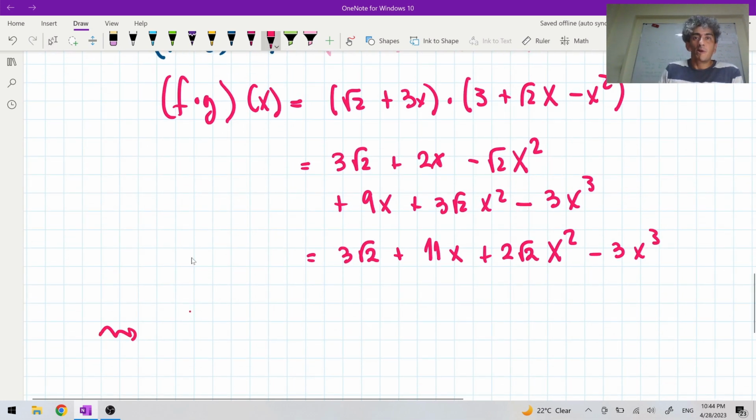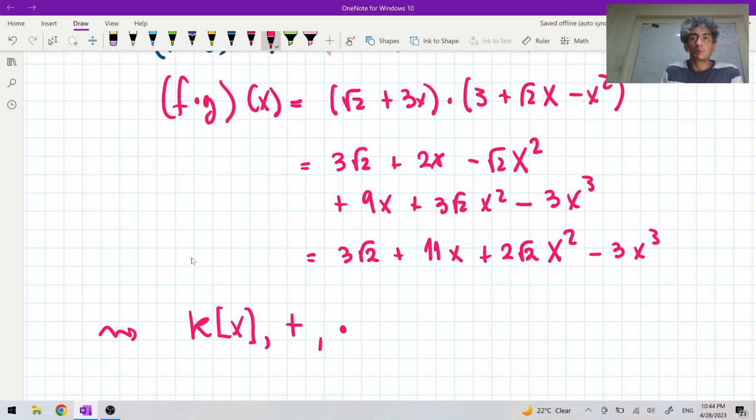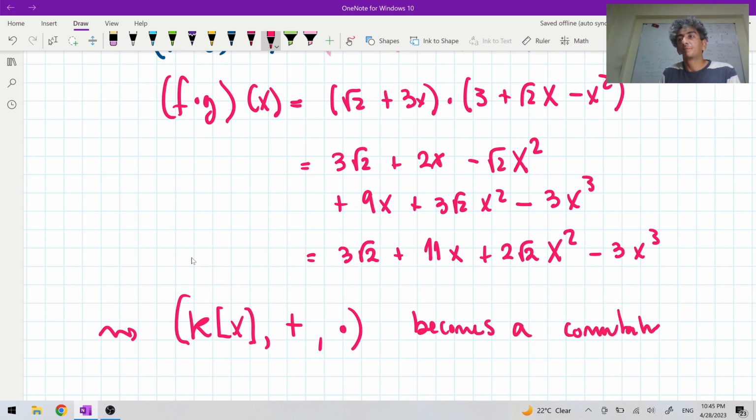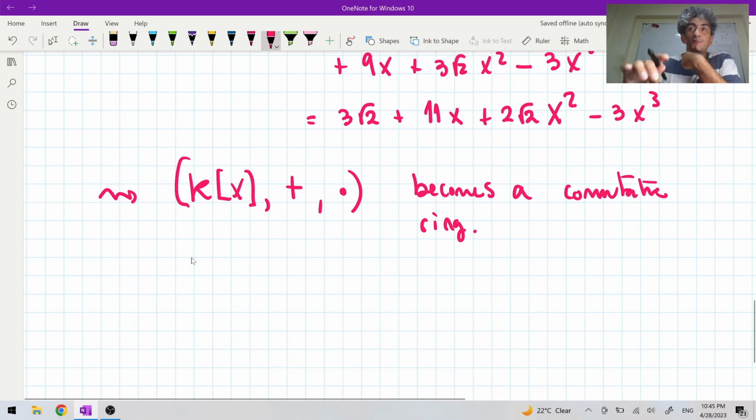We have that K of x with the usual addition and multiplication becomes a commutative ring. And this ring is very special.